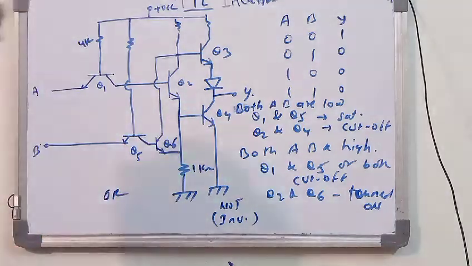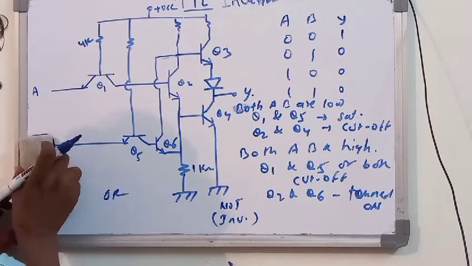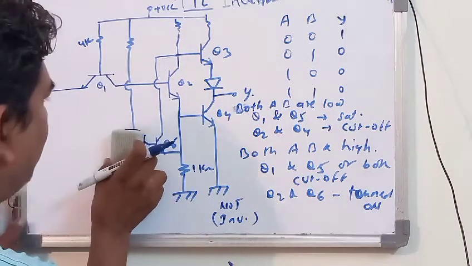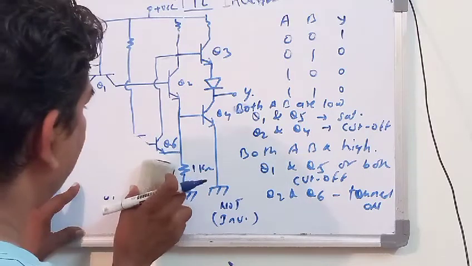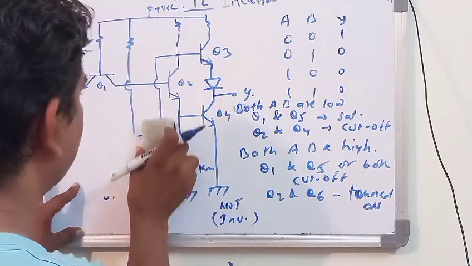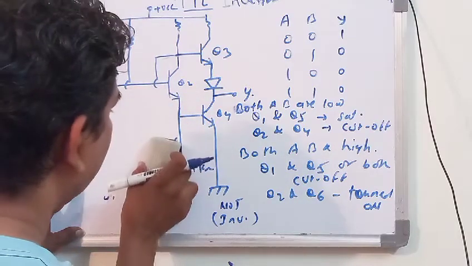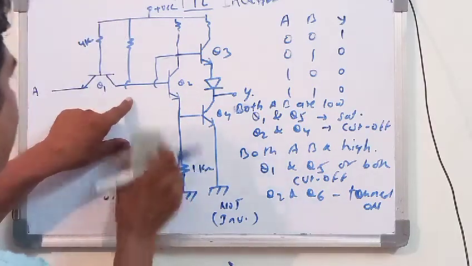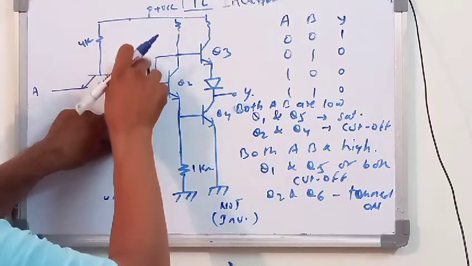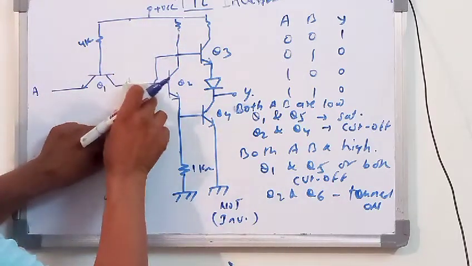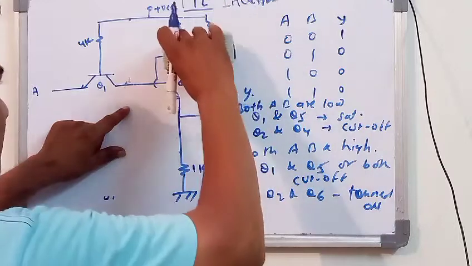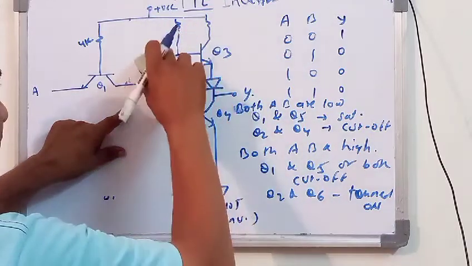You don't require this B, the second input. You also don't require this Q6, so we will rub it. Then this resistor we don't require. This connection we have to take out.